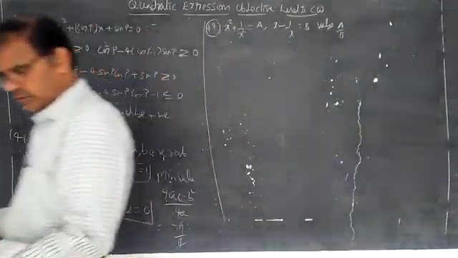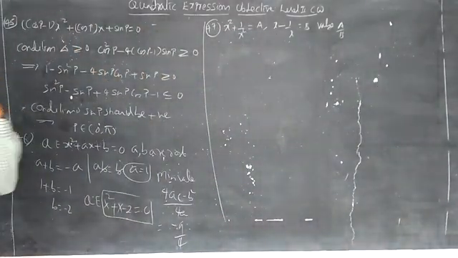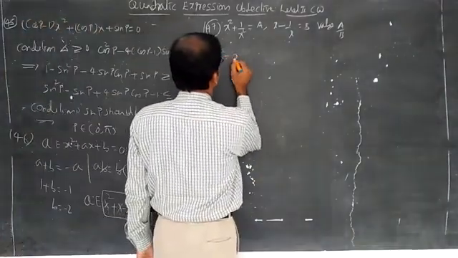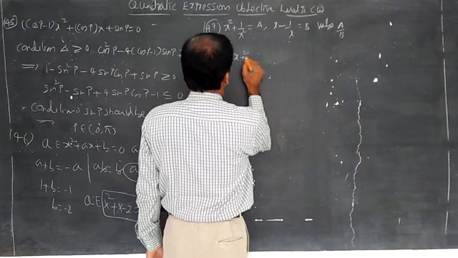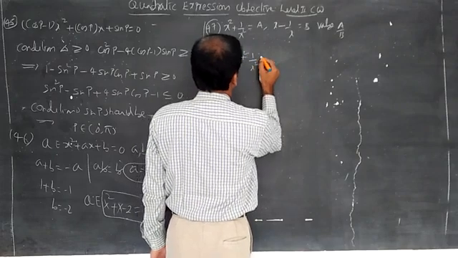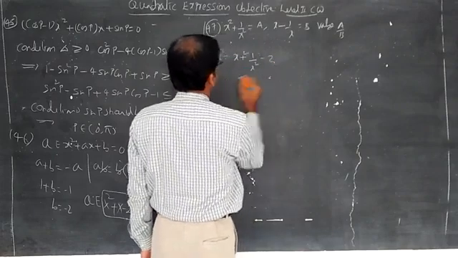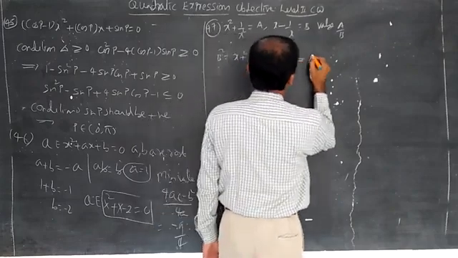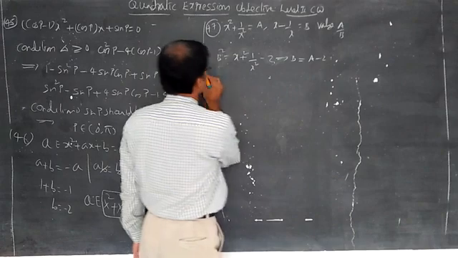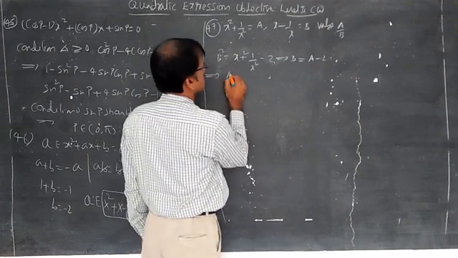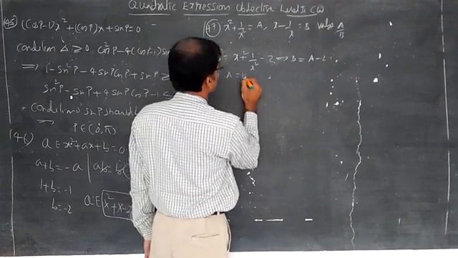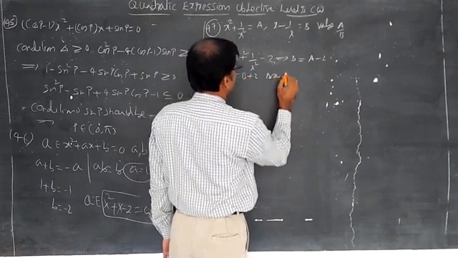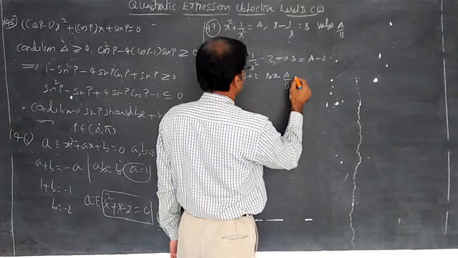That is the condition. Now b square I am writing: b square is equal to x square plus 1 by x square minus 2, that implies b square is equal to a minus 2, that implies now a is equal to b square plus 2.